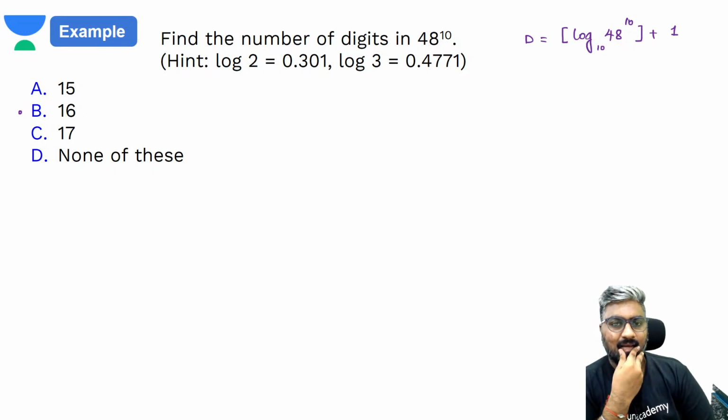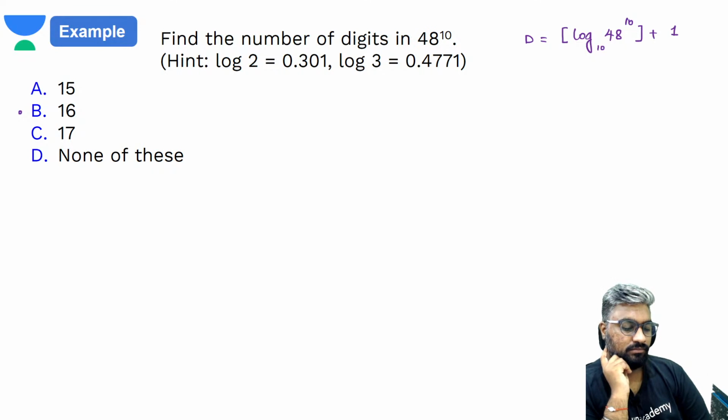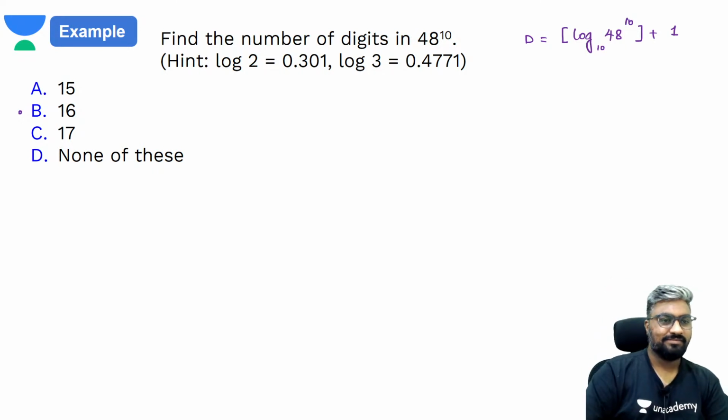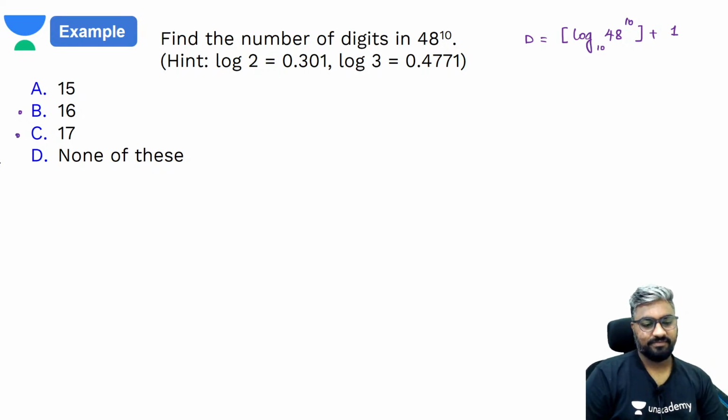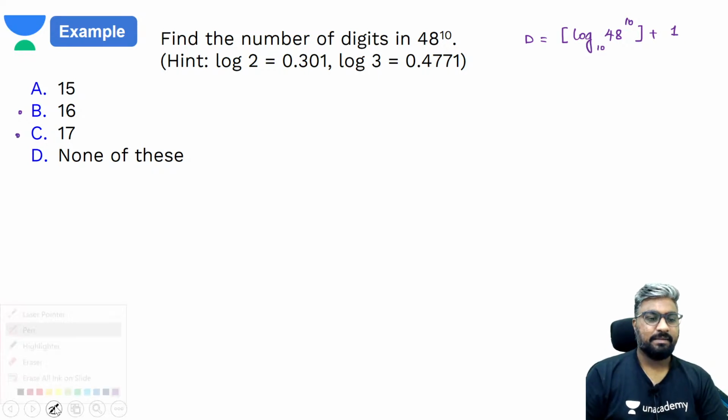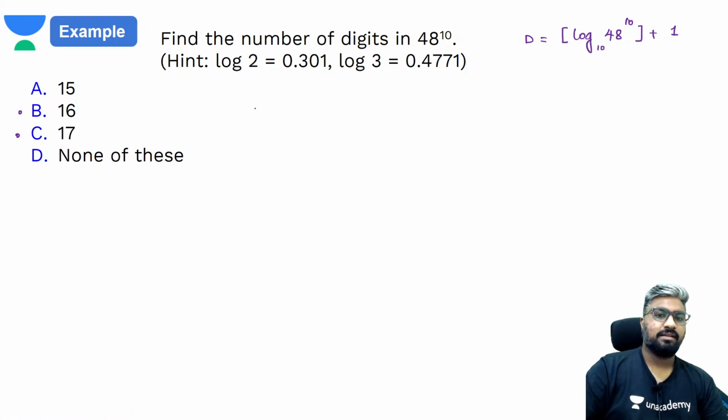Pranit says C. Lekhna says C. Okay. Ruchika has changed it now, 17. It's simple, right?